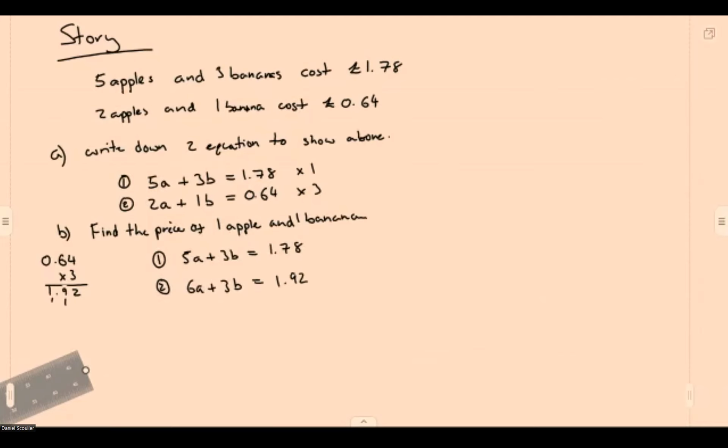That's just the column method for multiplication. Then we minus the top from the bottom. We're getting minus A, the B's eliminate each other, and what we're left with is 14 pence.